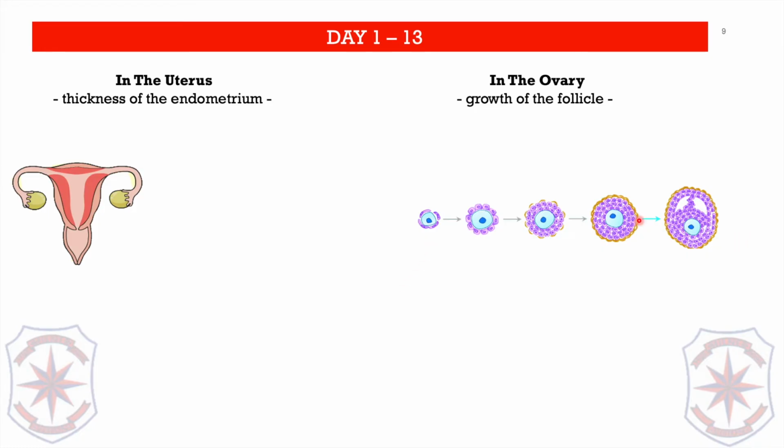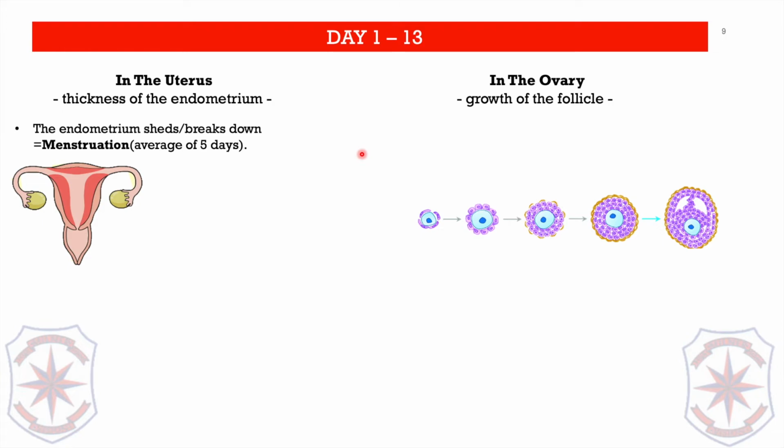Those are the 2 things. Remember, for pregnancy to occur, we need an ovum, which we get from a follicle, and we also need a thick endometrium for implantation.